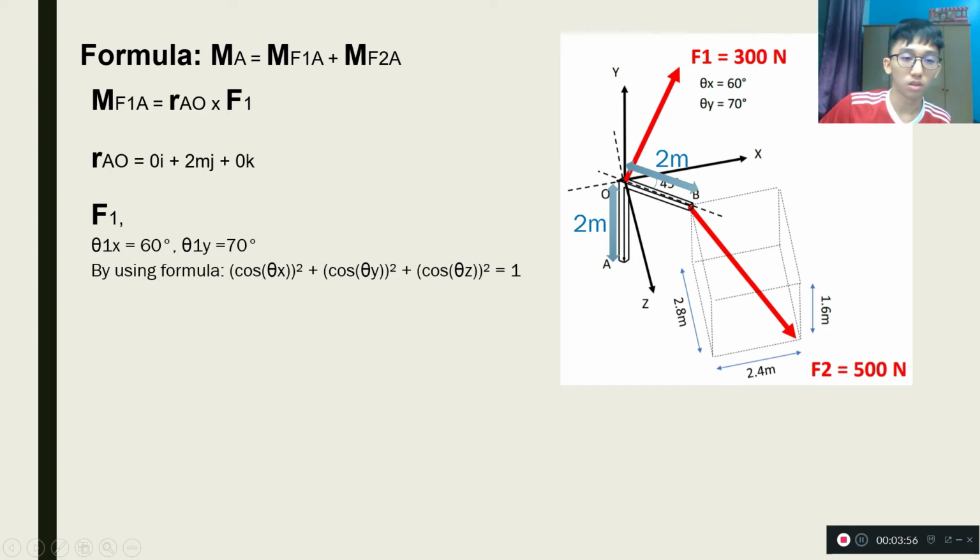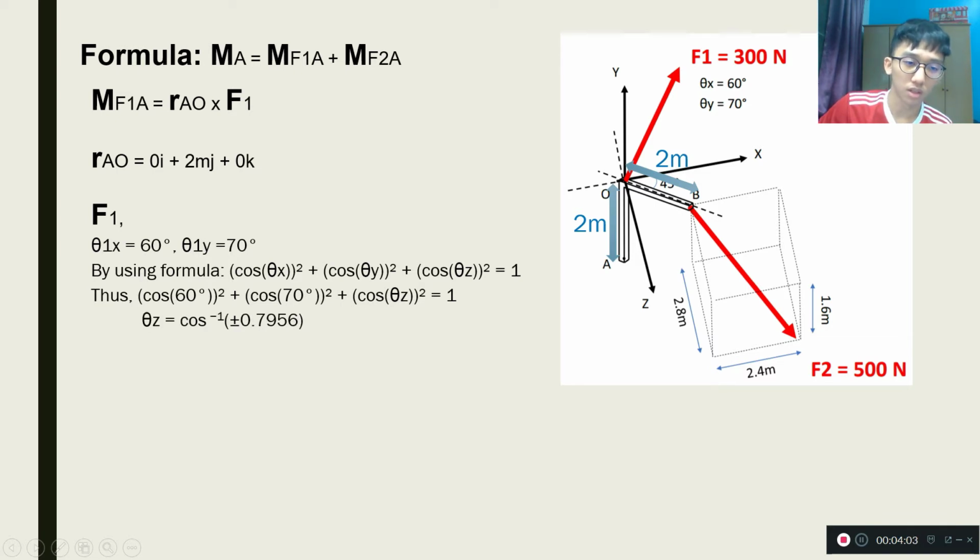I substitute the information here, and we will get theta z equal to 37.29 degrees, and another one is 142.71 degrees.